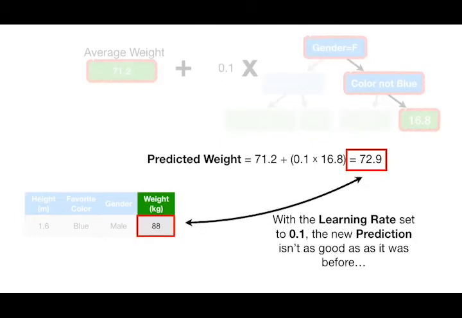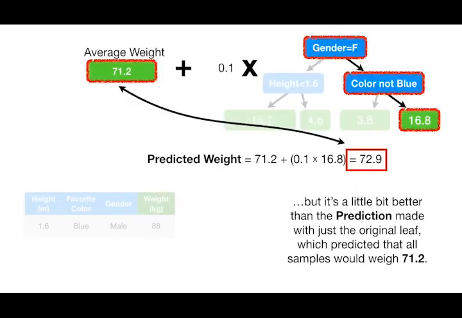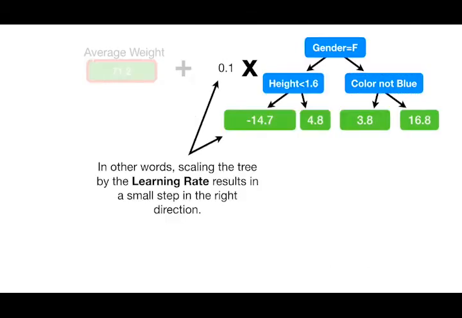With the learning rate set to 0.1, the new prediction isn't as good as it was before. But it's a little better than the prediction made with just the original leaf, which predicted that all samples would weigh 71.2. In other words, scaling the tree by the learning rate results in a small step in the right direction.